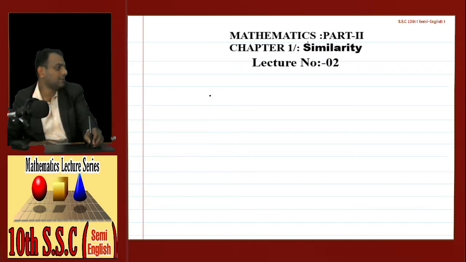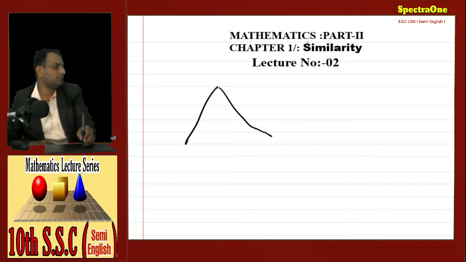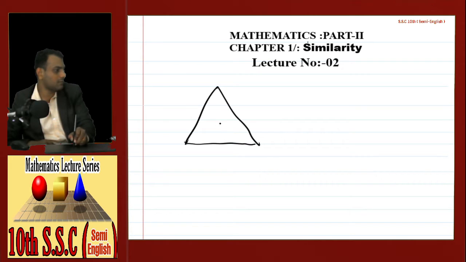Suppose example number 4, measures of angles. This is the triangle. A line is drawn. That angle is 60 degrees, and that angle is also 60 degrees.